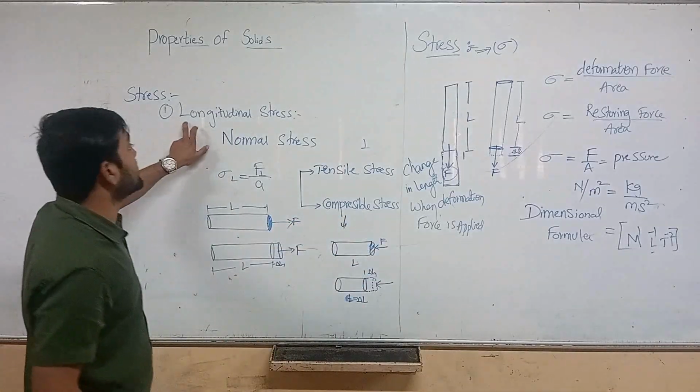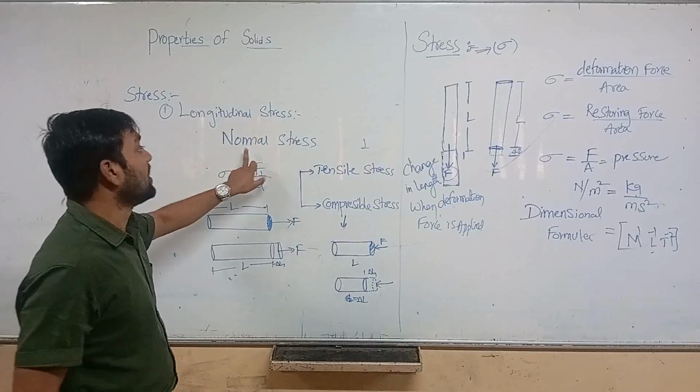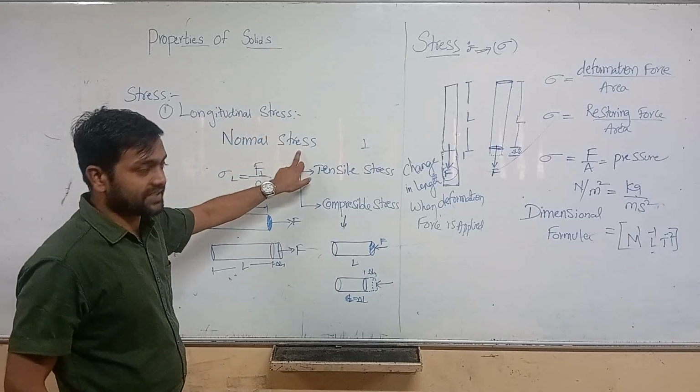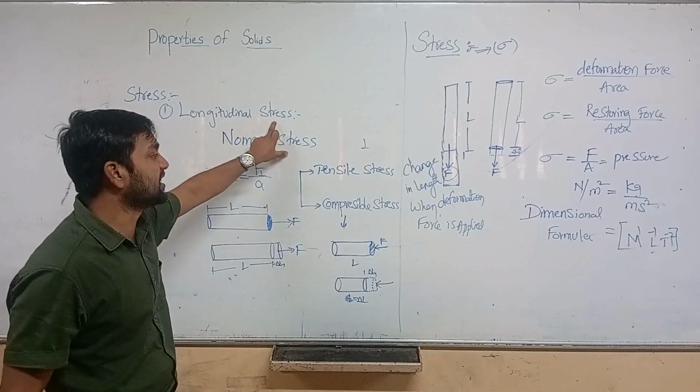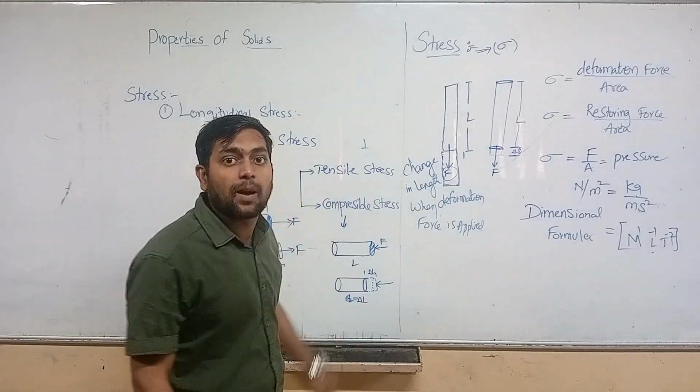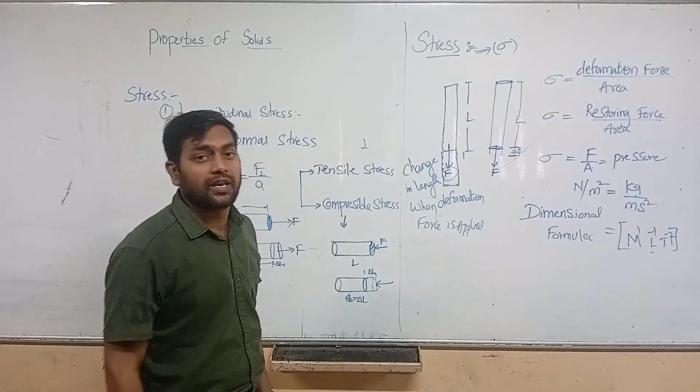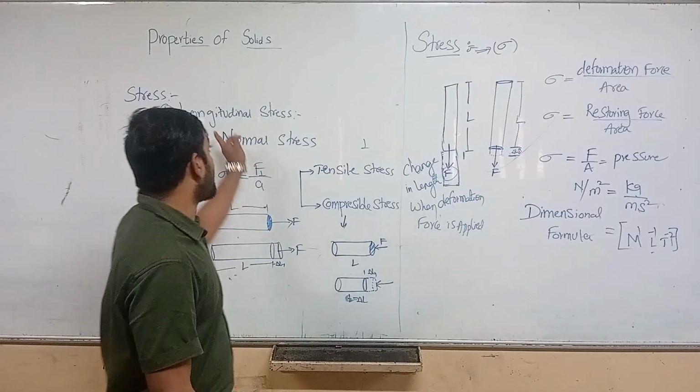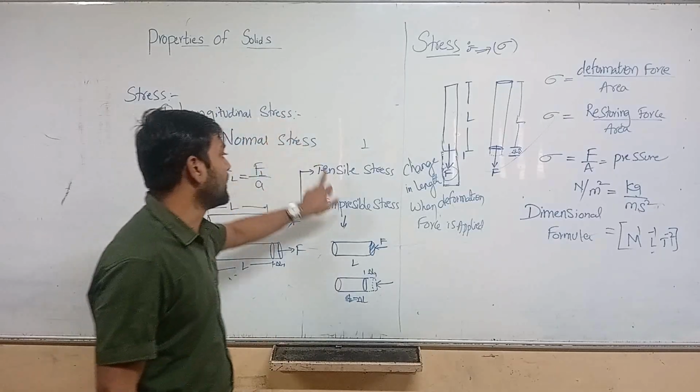So the first one is longitudinal stress, also called normal stress. The definition of longitudinal stress is when the deformation force is applied perpendicular to the area. In that we have two types.